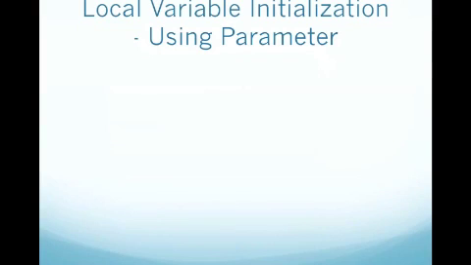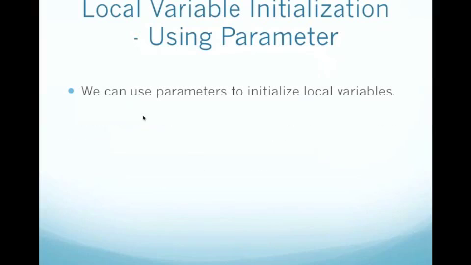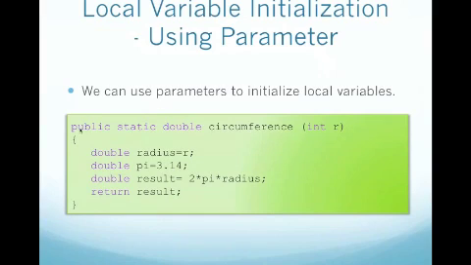So the most common way for local variable initialization is to use a parameter. We can use parameters to initialize local variables. Let's look at the method here. It's named circumference and it accepts one integer parameter called r. On the first line, we initialize the local variable radius with the parameter r.